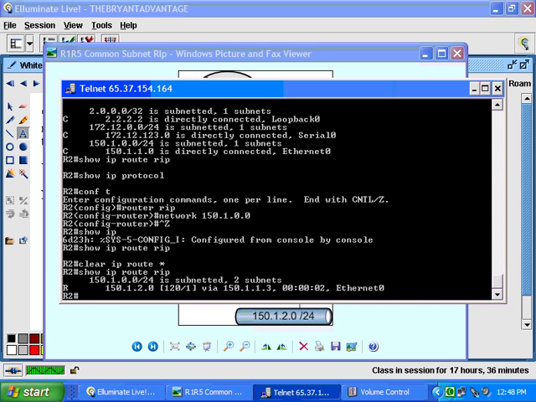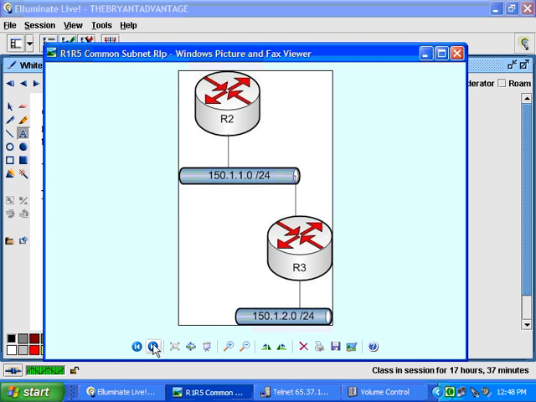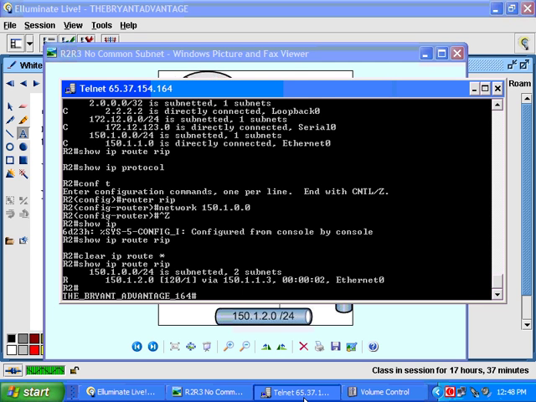So what would happen then if it were not part of the same major network number? Let's look at this diagram where router 3 is going to be sending an update for the network 100.110/24. And it's going to be sent to R2 via RIP. What will the result be? What will router 2 do? Let's take a look.